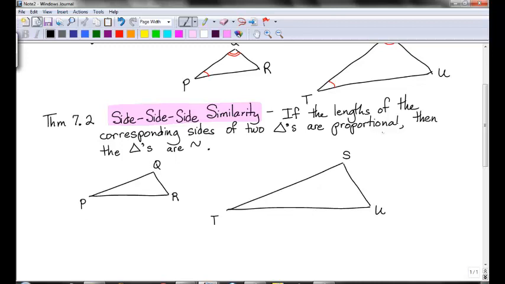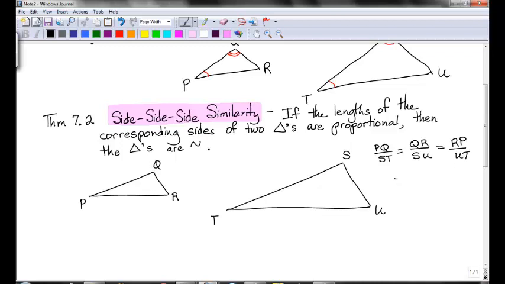The sides have to be in proportion, so PQ has to be in proportion to ST. QR has to be in the same proportion to SU. And RP has to be proportional to UT.